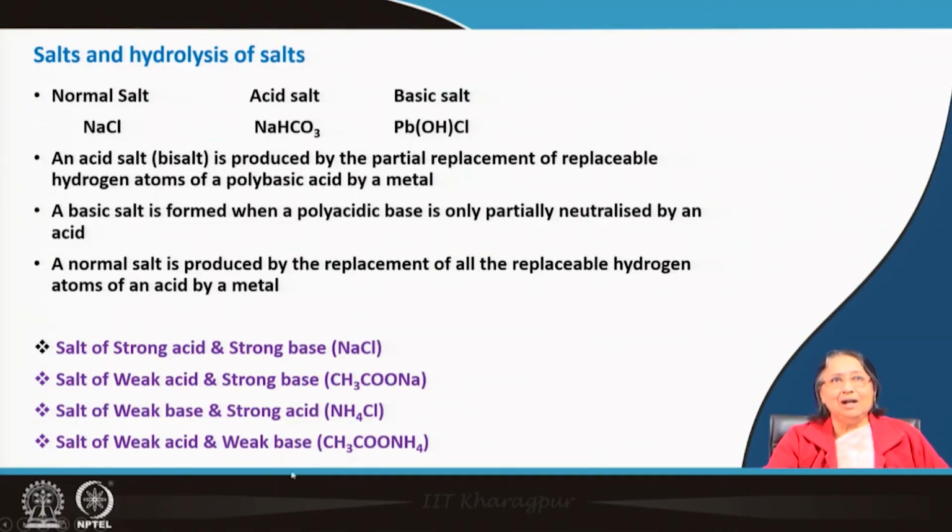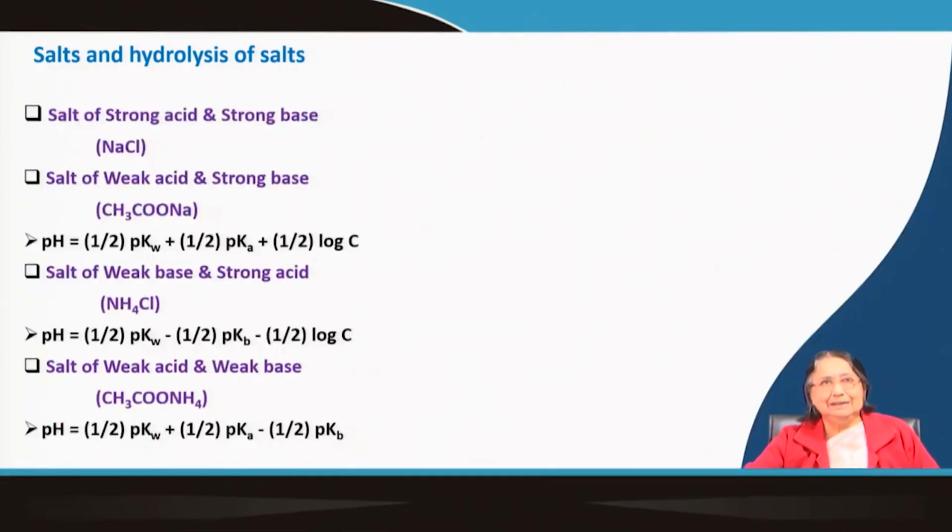Depending on how they are formed, when they are dissolved in water, they will hydrolyze, and either give acidic, basic or neutral character to the water. Now, how will we determine the pH when a salt is dissolved in water? That we can see here.